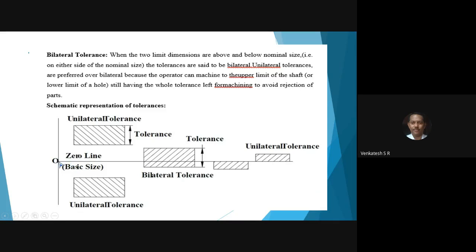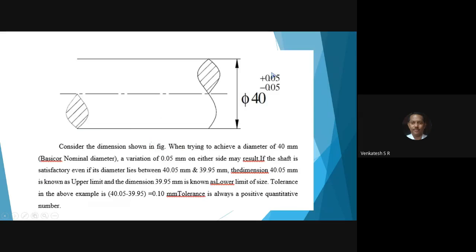This zero indicates the 40 diameter. If you specify the limits, upper limit and lower limit like this, that is called bilateral tolerance.